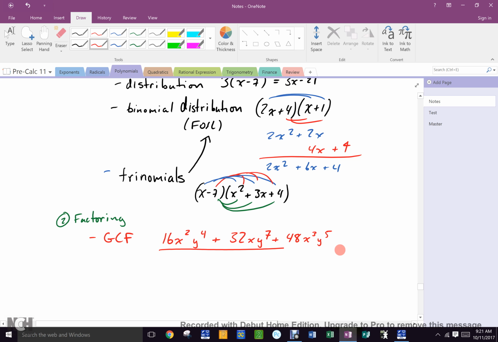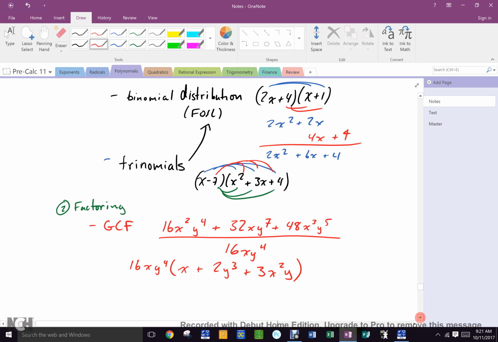Then I rewrite. Where does the GCF go? On the outside. What goes on the inside? He asked patiently. The answer: 16xy to the fourth times (x plus 2y to the third plus 3x squared y).